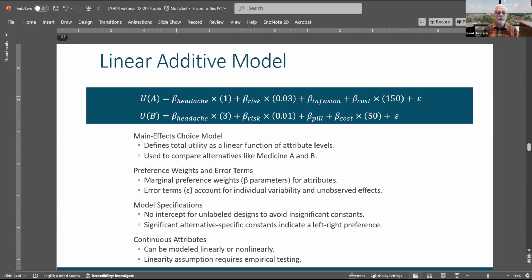We multiply each of these attribute levels by its own beta coefficient, and that gives us the utility of A and the utility of B. This is called a main effects model. The utility is a linear function of the individual attribute levels. So the betas are going to tell us the relative value of 1 versus 2 or 3, or I'm sorry, 0 or 3.